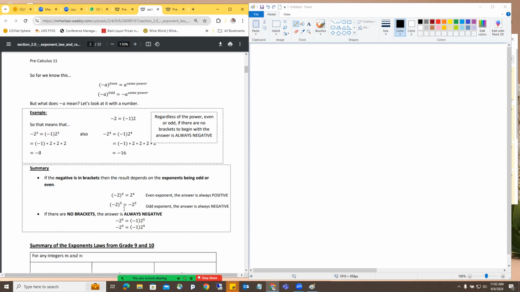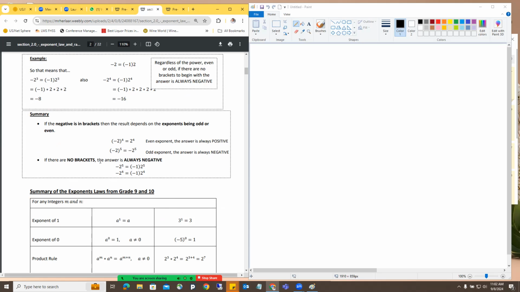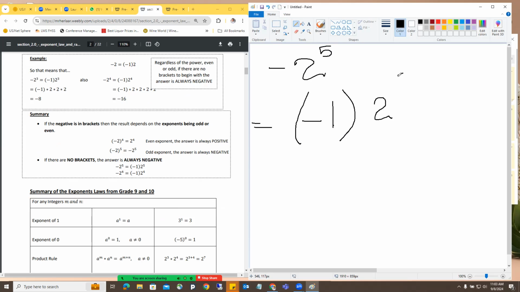Here for the odd numbers, (-2)^5 is not the same as -2^5. If there are no brackets, that means the 5 belongs to this 2, and the final answer should be multiplied by -1. That is equal to -1 times 2^5. That's what they have given us.